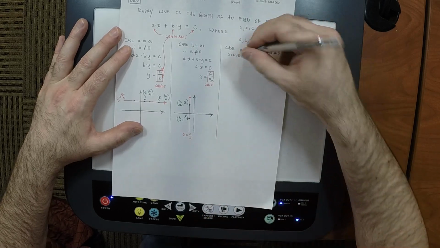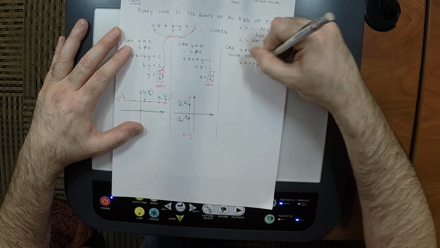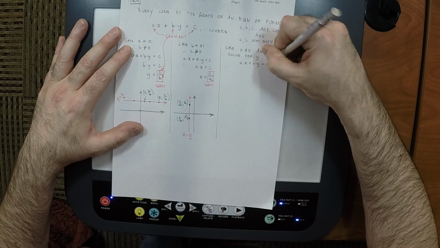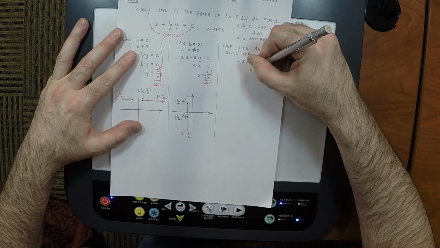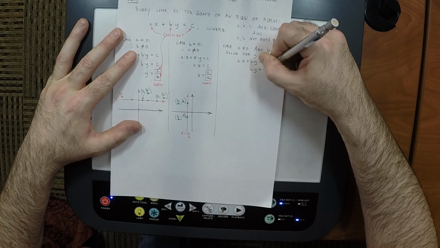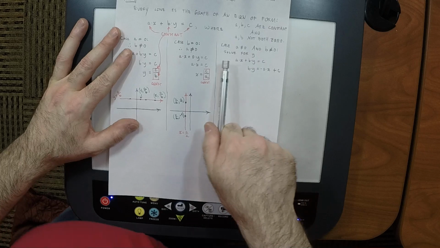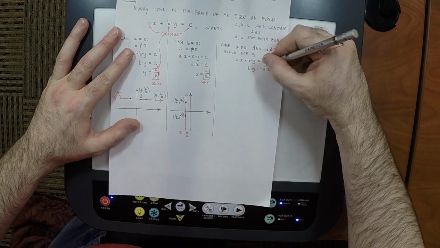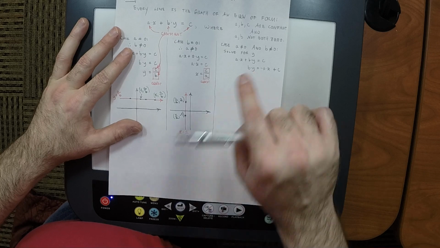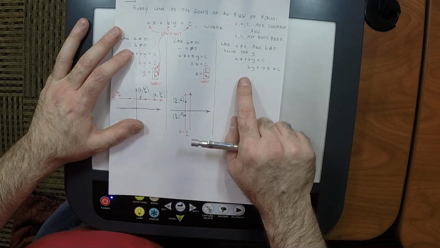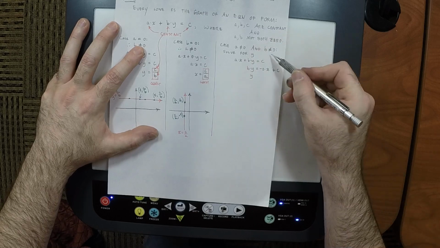So, AX plus BY is C. So then BY is negative AX plus C. Moving the AX to the other side. We want to solve for y, so what can I do now? Divide by B. Of course, the permission to do so is right there.